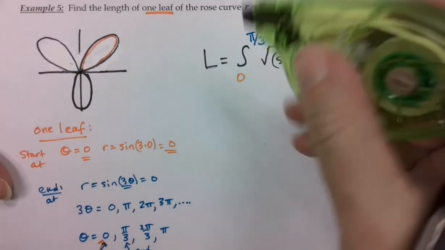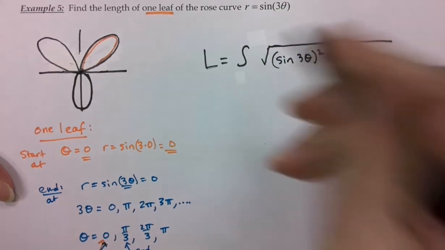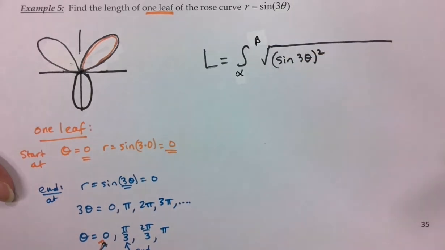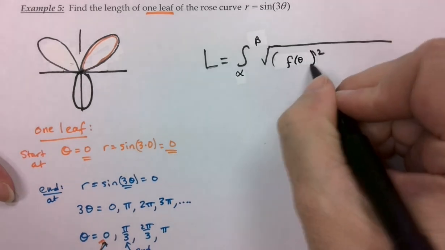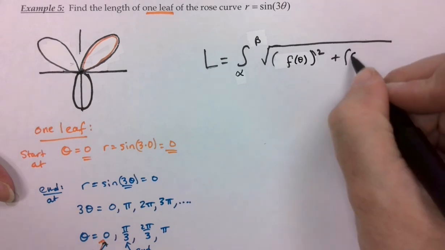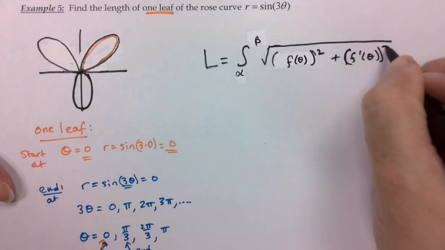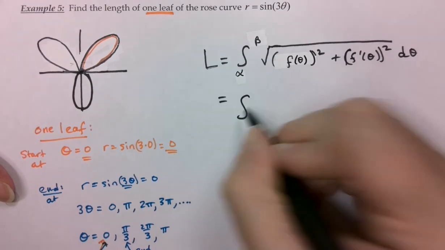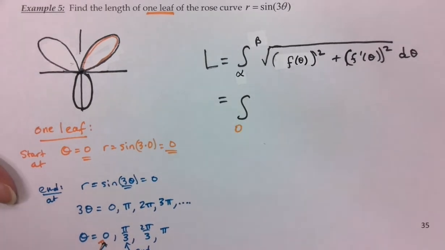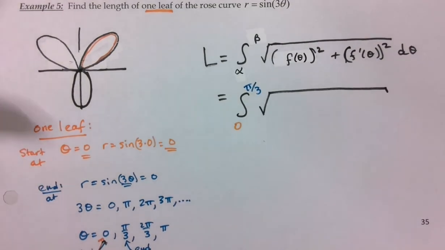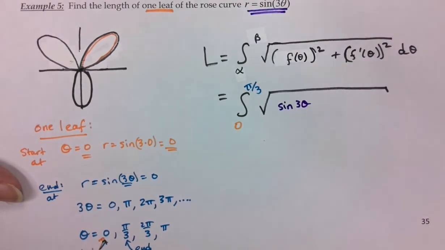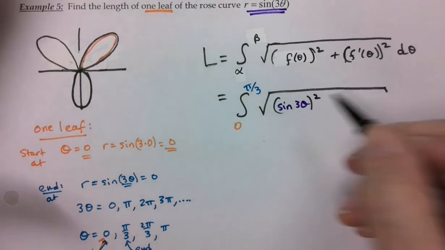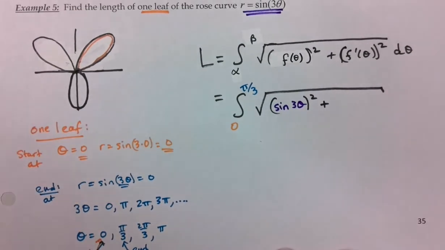Let me just real quick, one more time: this is alpha, this is beta, this is the square root of f of theta squared plus f prime of theta squared, d theta. Like I said, this is 0, this is pi over 3. R is right here, so it'd be sine of 3 theta squared, or sine squared of 3 theta, plus, I need the derivative of this.